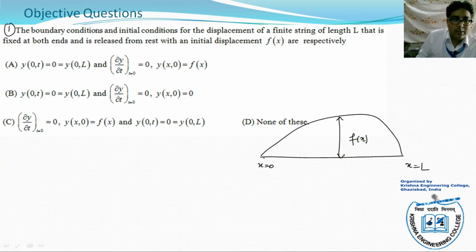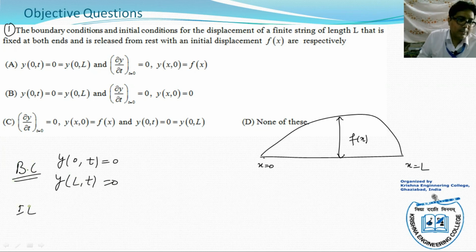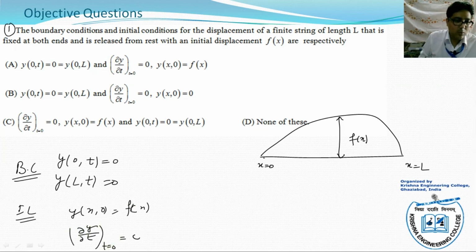So the boundary conditions are y(0, t) is equal to 0, y(L, t) is equal to 0. These are the BCs. Clear? ICs: initial displacement y(x, 0) is equal to f(x) and del y over del t at t is equal to 0 is equal to 0. So option A is correct in this problem.